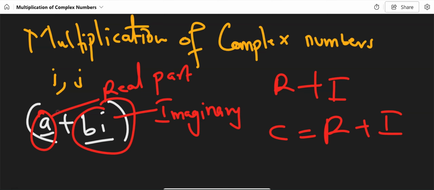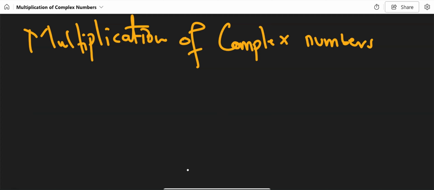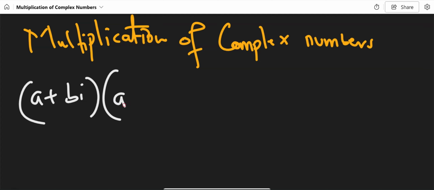So as I said, when given a complex number in the form of a plus bi, multiplied by perhaps the same number, a plus bi again. We both know that this is the imaginary part and this is the real part. The thing with multiplication is you open brackets the normal way.